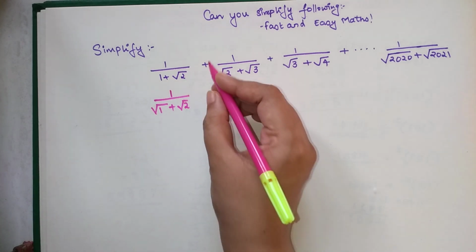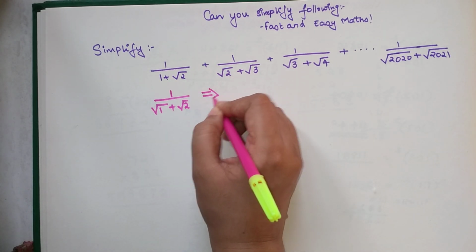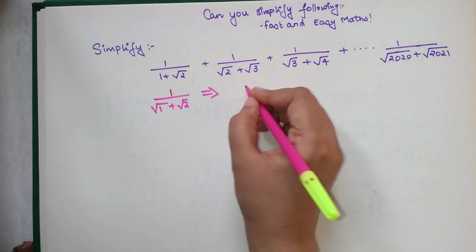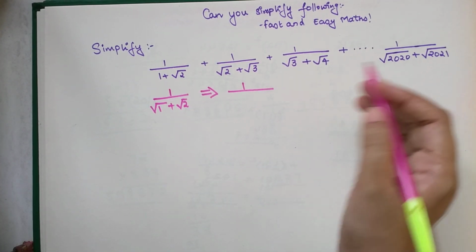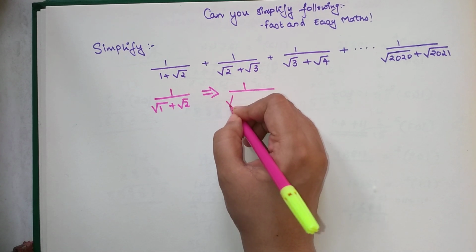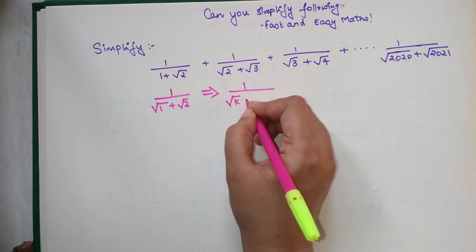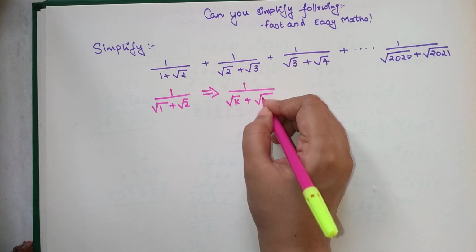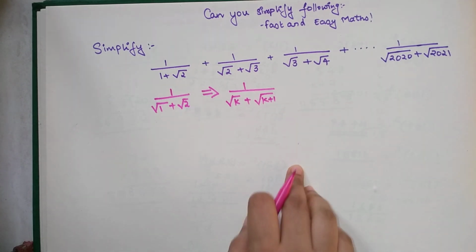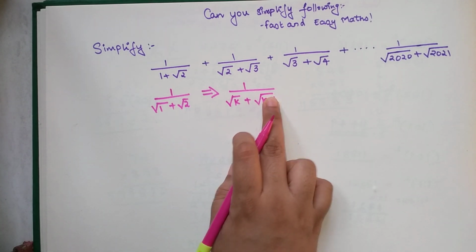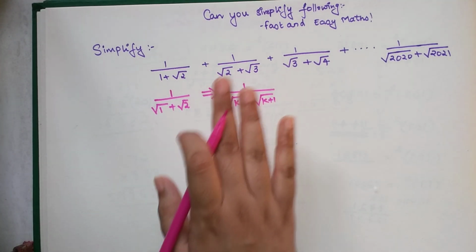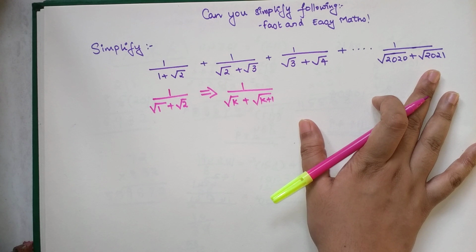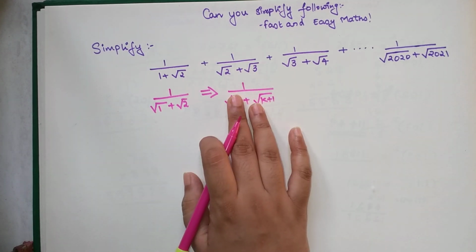Now if you look over here, the general form of the entire expression is 1 upon root of k plus root of k plus 1. Am I right? Correct. So now what should you do?